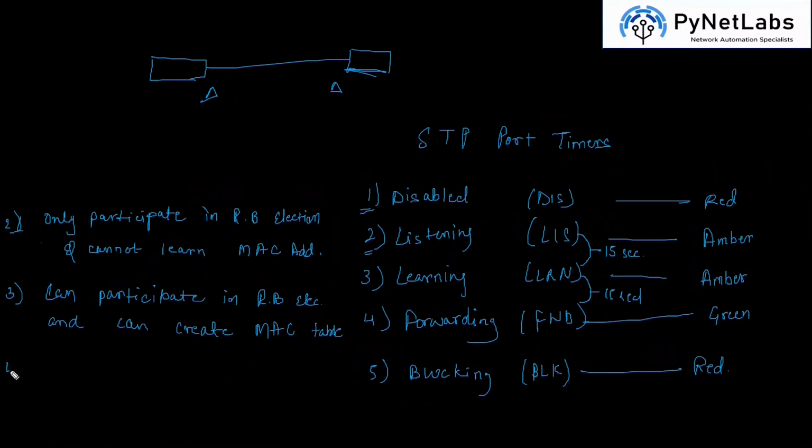Now if we talk about the fourth mode, which is forwarding, here it can participate in root bridge election and along with that create the MAC table. Also it can now forward traffic as well.